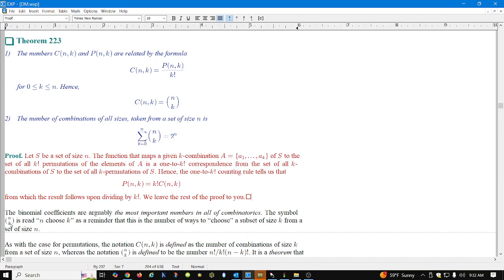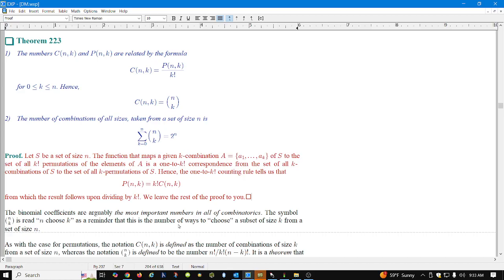Again, this symbol is read n choose k as a reminder of the number of ways to choose k elements from a set of size n. And this language is really useful when it comes to solving counting problems that involve binomial coefficients.